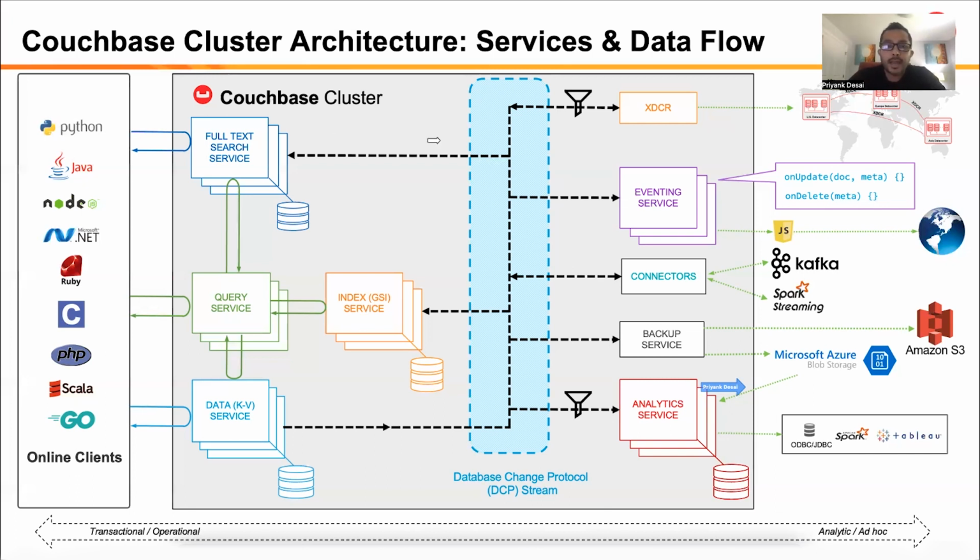And as you can see in this diagram, we are showing full text search and several nodes for full text search, query nodes, similarly for data, index and query. The point here is that for a distributed database system, you can run these services on different nodes, but you can also scale those services horizontally and independently depending on your workload requirement.